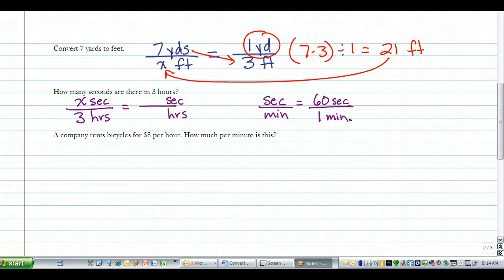Okay, is that going to help me here? Nope, because I need hours on the bottom. So 60 seconds in 1 minute. So I need to know, I don't know how many seconds in 1 hour.